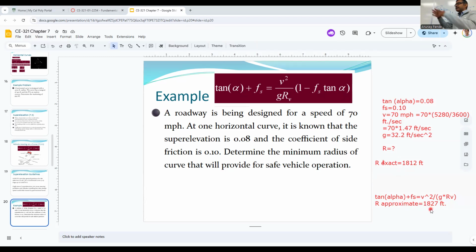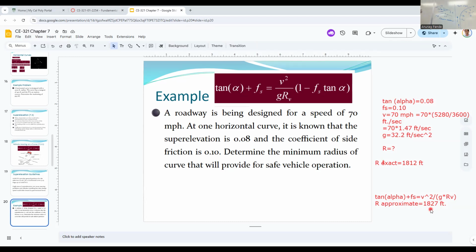In a curve that is 1,800 feet or longer, such a large curve, you don't get a big difference between the two radii. The critical radius, if you use the approximate formula, comes out larger. It's a little more conservative because you're providing a larger curve, the 1,827 feet. It comes out a little larger, but very close, right?